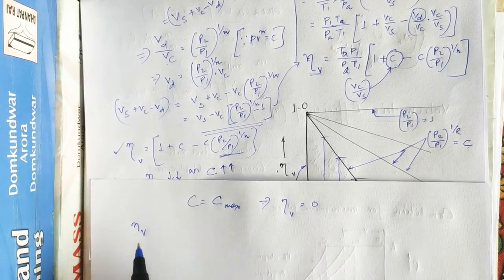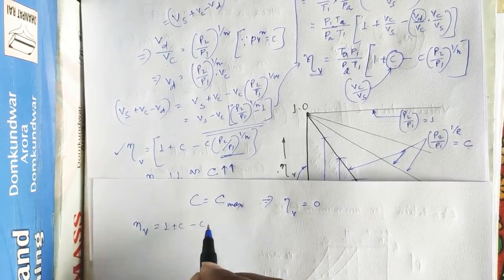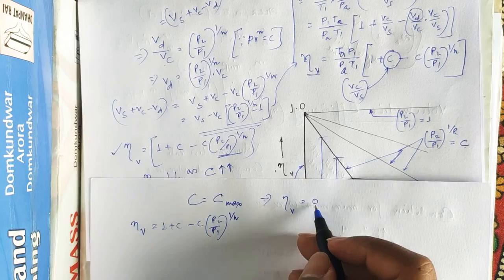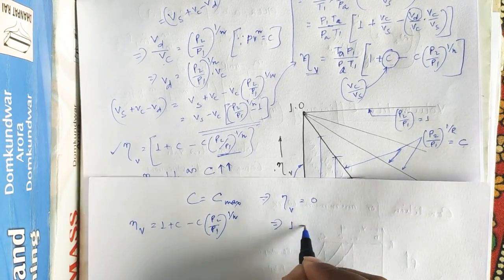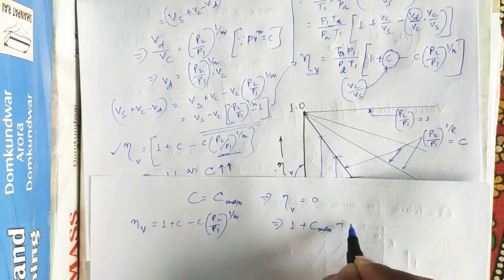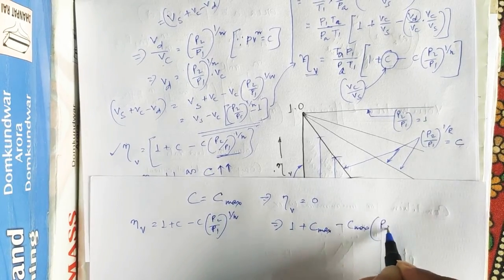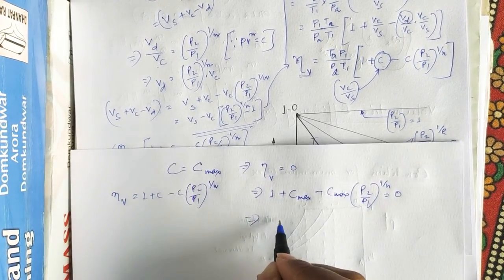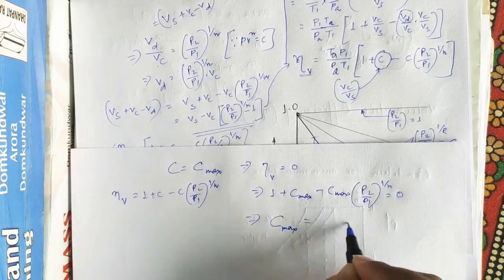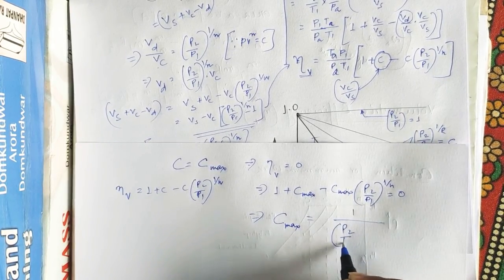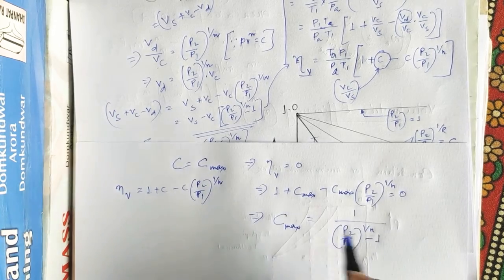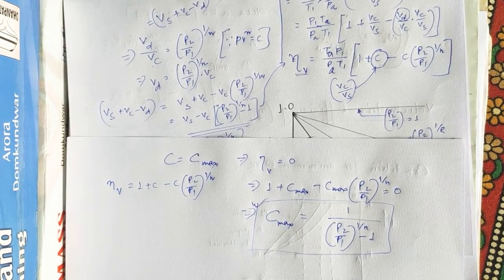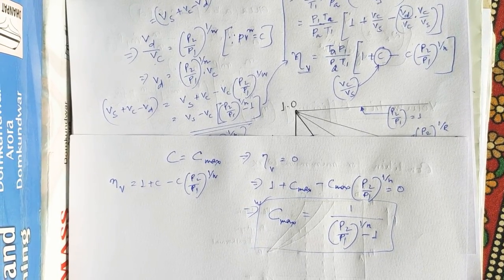Since the expression of eta V is 1 plus C minus C into (P2 by P1) to the power 1 by n, when eta V is 0, we have 1 plus C max minus C max into (P2 by P1) to the power 1 by n equal to 0. So the final maximum value of the clearance factor will be C max equals 1 divided by ((P2 by P1) to the power 1 by n minus 1). There is a maximum value of clearance factor when the volumetric efficiency is 0 at constant pressure ratio.